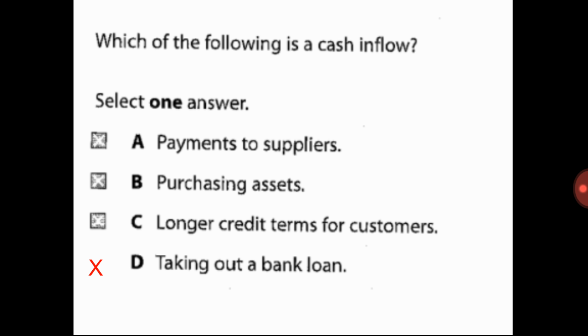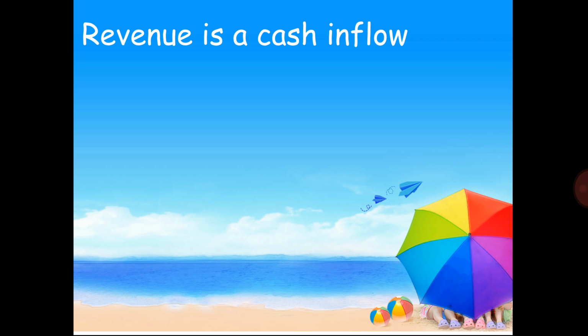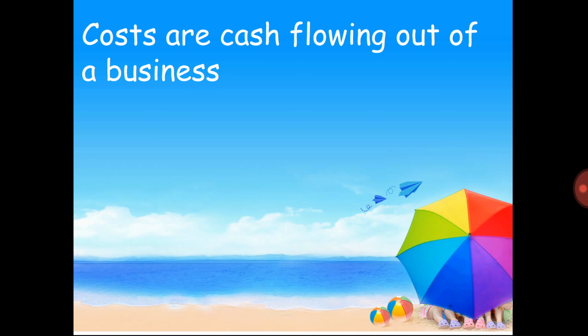Well, actually, that is not improving the cash flow. You're allowing your customers to pay you later, so you're delaying that payment. However, taking out a bank loan, a bank will give a cash lump sum to a business, and that's cash coming into the business. So, just to remind ourselves that revenue is cash inflow, costs are cash outflows.